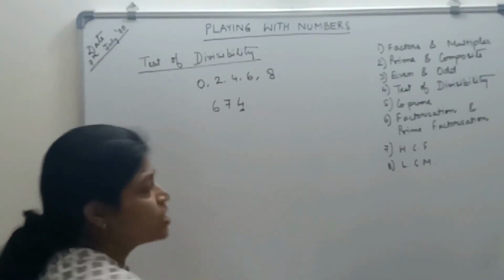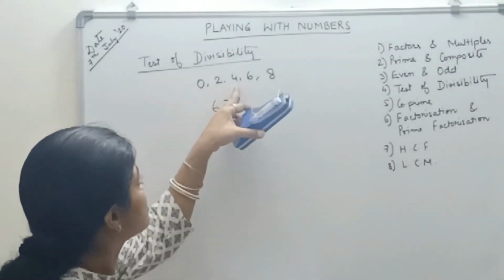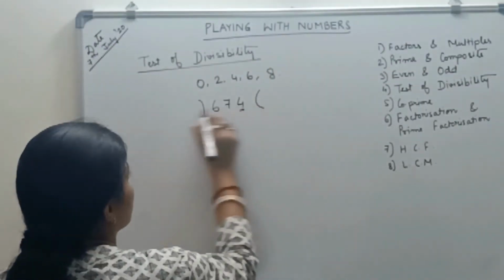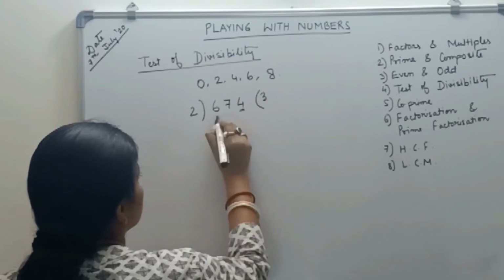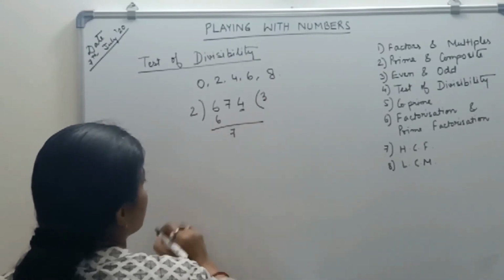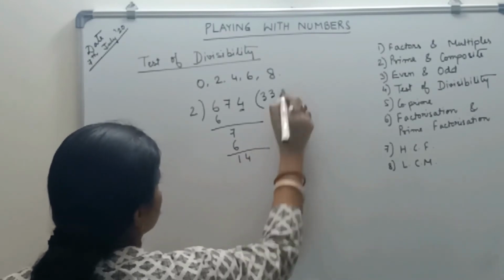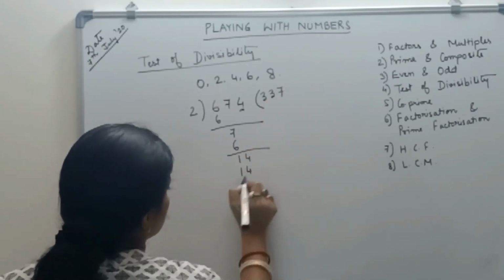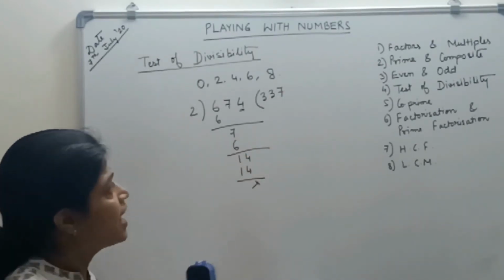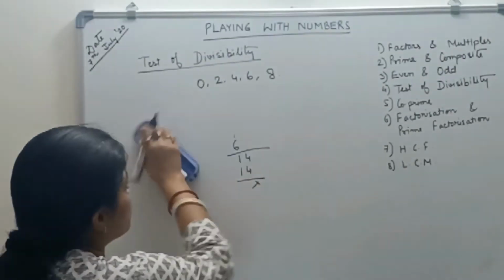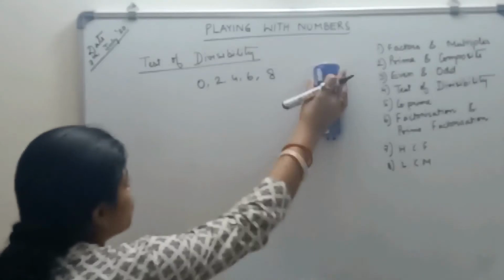Since the last digit is 4, I can directly say this number will be divisible by 2. How? If I divide it, 2 into 3 is 6, coming 7, 2 into 3 is 6, 14, 2 7s are 14. So this is exactly divisible by 2. In such a way, this is the test of divisibility for 2.